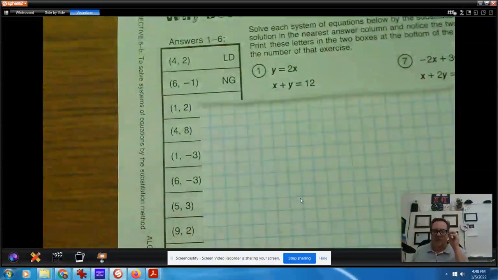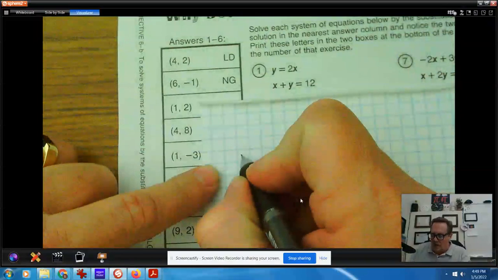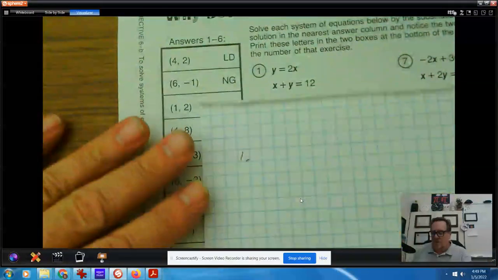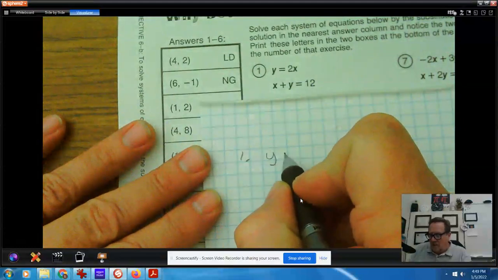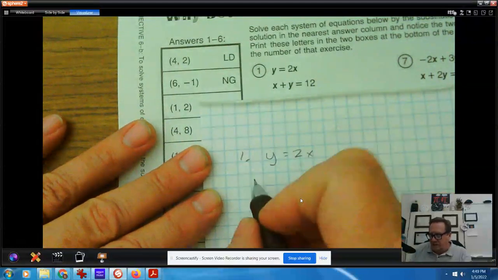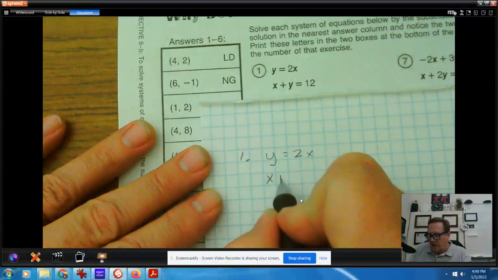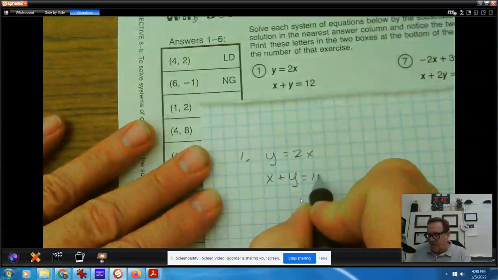This is called solving a system through substitution. And on a piece of paper, yes, you are going to need a piece of paper, write down the problem. Problem number one says y is equal to 2x, and also that x plus y equals 12.